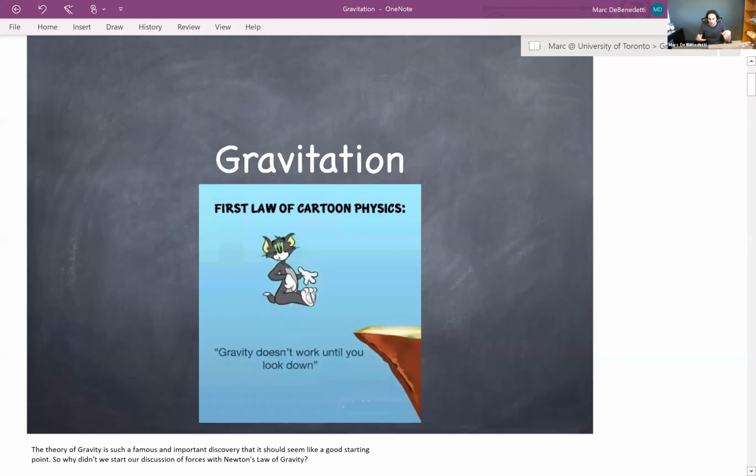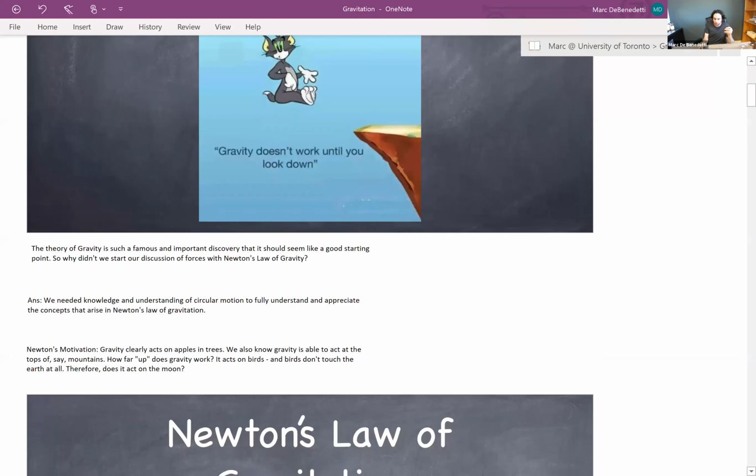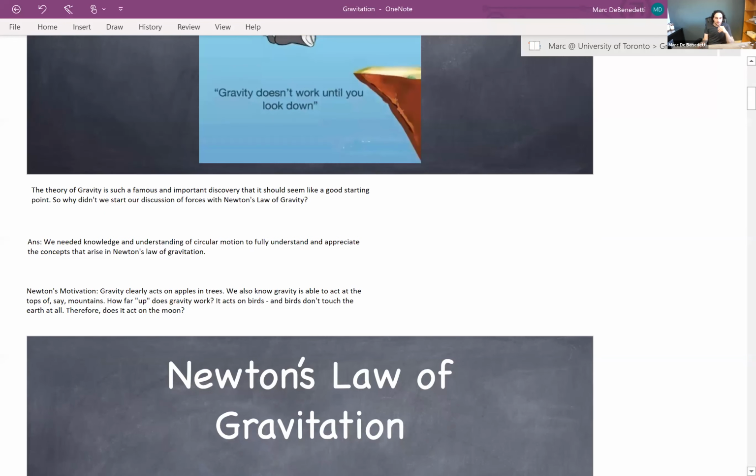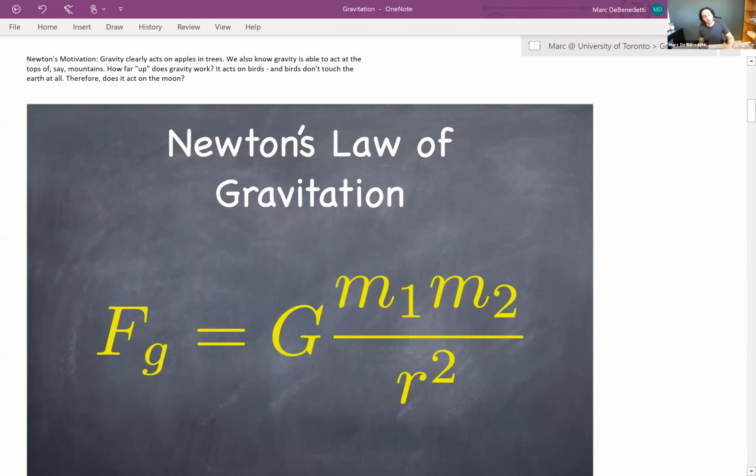So why didn't we start with gravity? To fully appreciate gravity, we needed knowledge of circular motion first. Now that we have circular motion, we move on to gravity. So I'll just jump right to it.